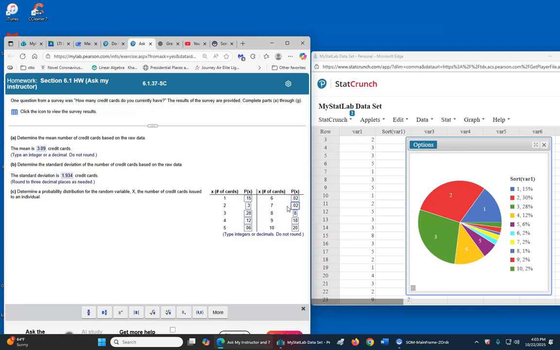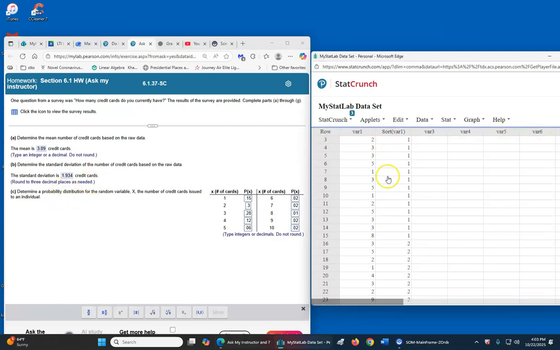Then 8 is 1%. So that'd be 0.01. I guess there's only one of them like that. And there were 2 of them, and then again 2 of them. So that's just how many you have of each. 2 people have 10 credit cards. So I use a pie chart or order them, but you just got to count how many you got out of 100.